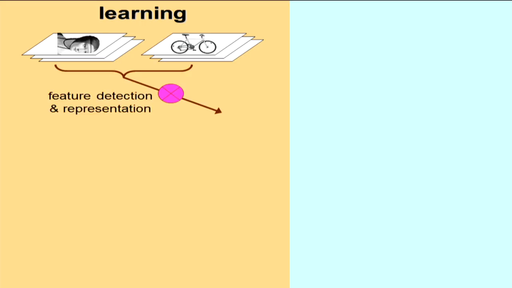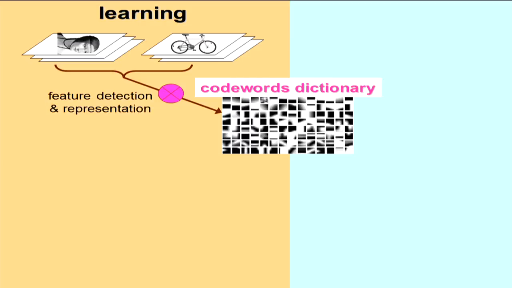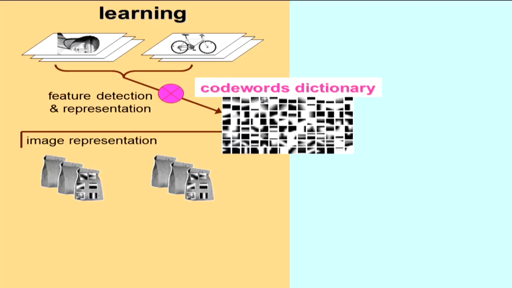And so, of course, once you have this, you can use whatever algorithm you want for computing with it. So again, to learn this representation, you compute your dictionary with k-means, and then every image is now represented by this bag of visual words, okay?